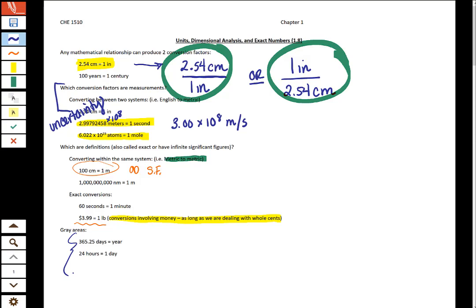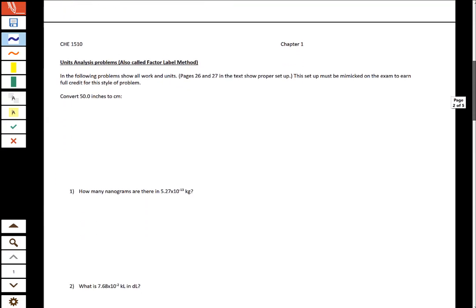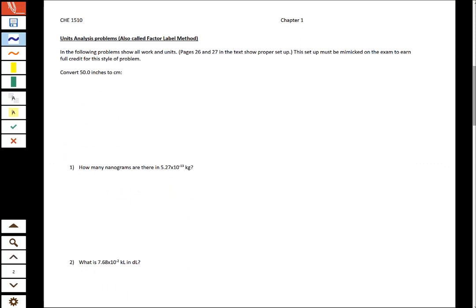Let's talk about what we want to be able to do with these conversion factors. With the conversion factors, we want to be able to solve a problem like this one. Convert 50 inches to centimeters. So let's recap. At the beginning of this video, we saw that 2.54 centimeters is equal to 1 inch.